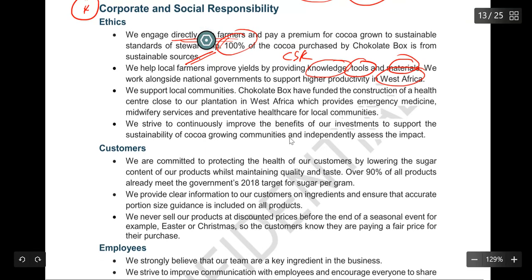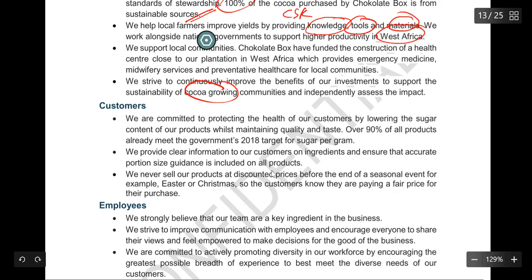We support local communities. Chocolate Box has funded construction of health centers close to our plantation in West Africa, which provide emergency medicine, midwifery services, and preventive health care for local communities. We strive to continuously improve the benefits of our investment to support the sustainability of cocoa-growing communities and independently assess the impact. So that shows that it is a good ethical thing.